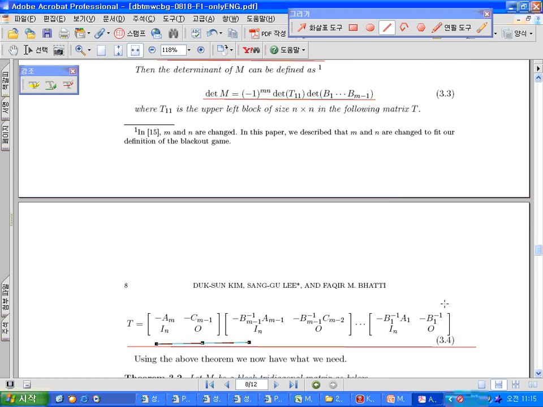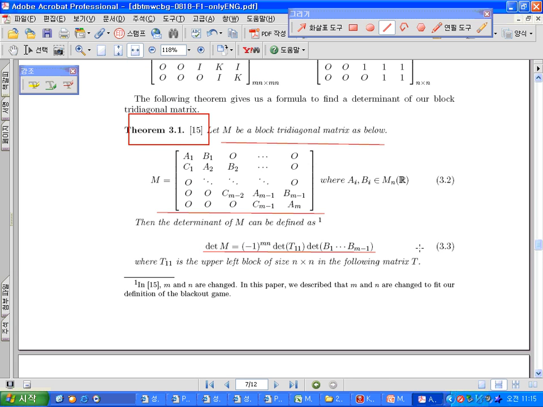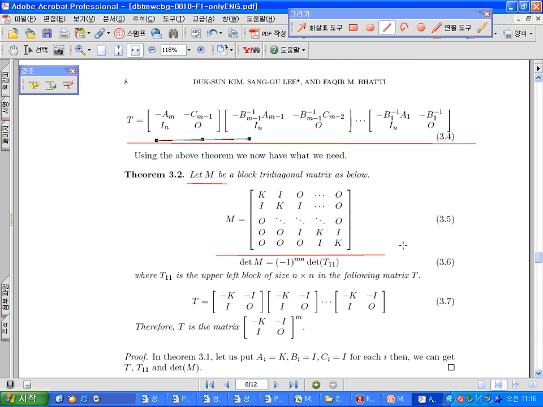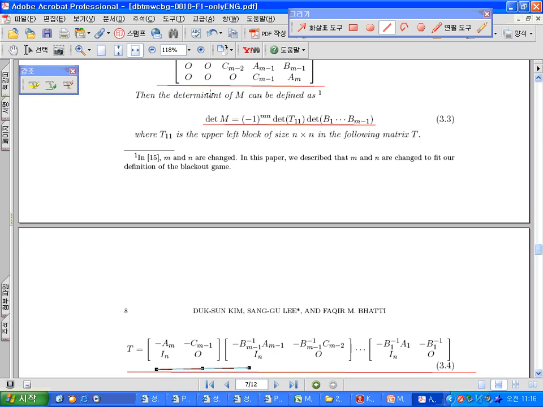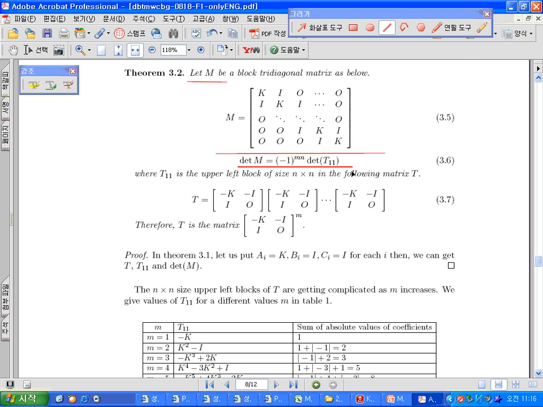We don't have to do the same thing over again. We just can start from what they already proved. That shows the importance of the search of others' work. Okay, so from this theorem, we can tell the determinant of this special matrix is like this.